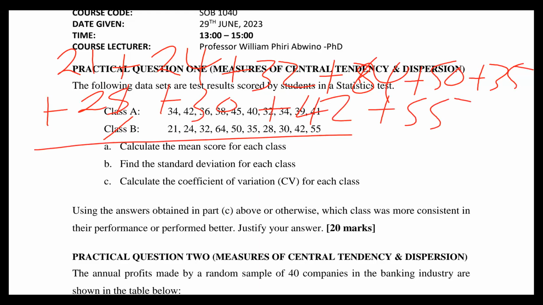Then you divide all that by 10. There are also 10 students. So what is the total score?